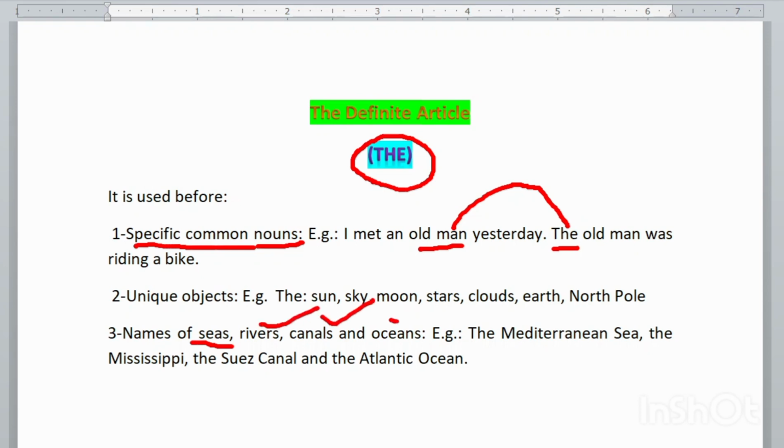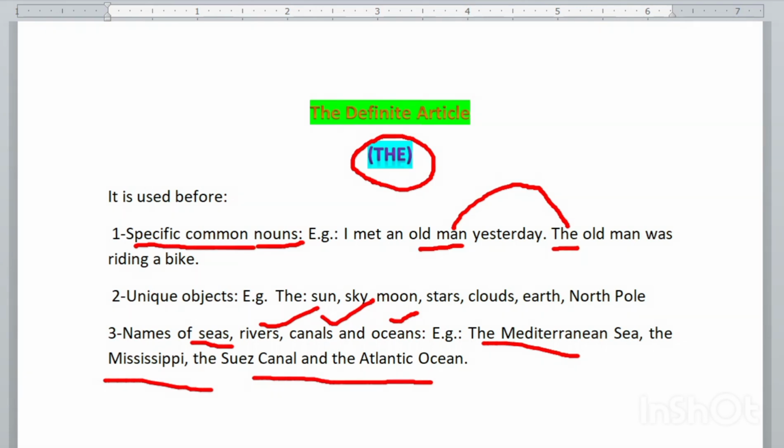For example, the Mediterranean Sea, the Mississippi, the Suez Canal, and the Atlantic Ocean. So we will use the definite article with all of these. We have to keep this in mind.